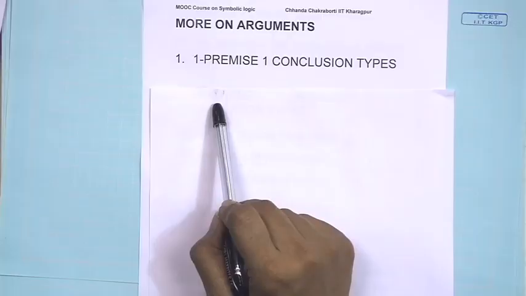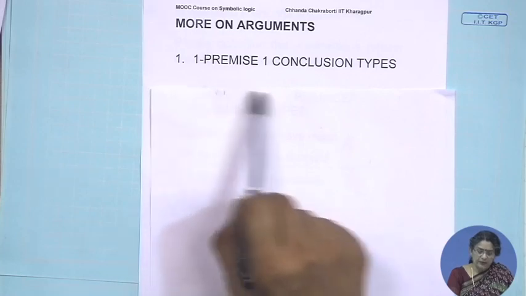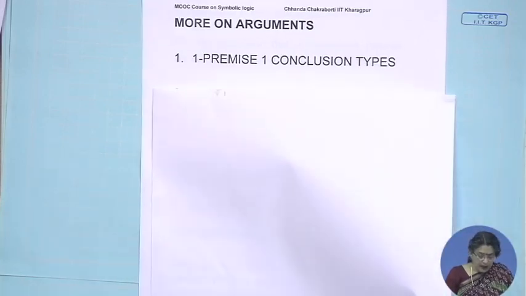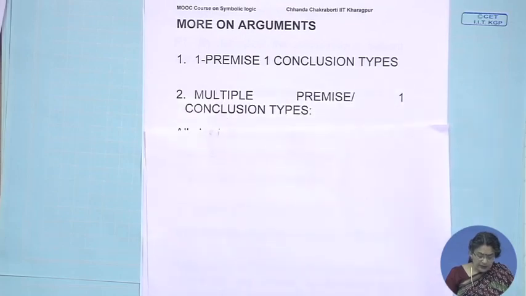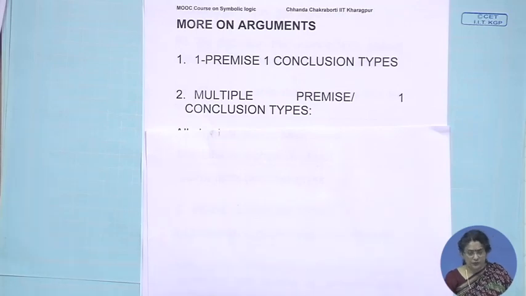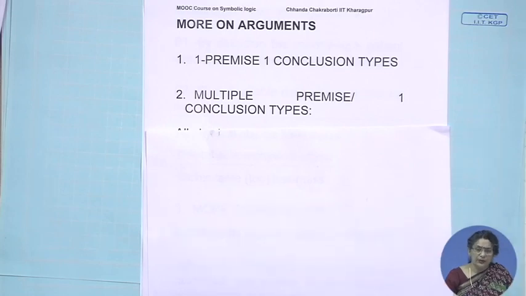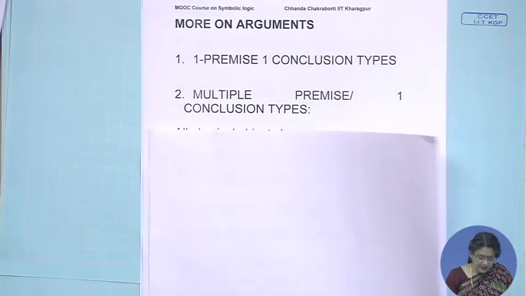Note that we have just seen an example where there was only one premise and one conclusion. So, there can be very simple types, one premise, one conclusion. But then you can also imagine that it does not have to be always like that. There can be multiple premises followed by the conclusion. So, remember that the standard format applies equally to both the types.